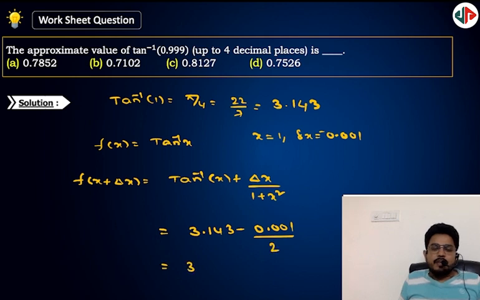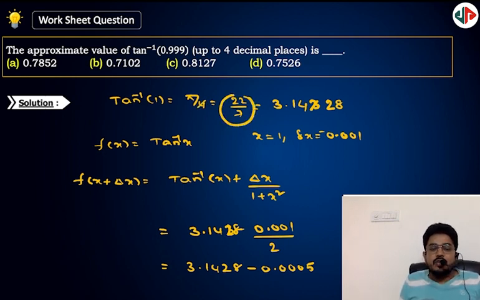It is 3.14. Actually, if you take this is 22 means this value will be 2. 20 means 6, 8 something. So 2, 8. Because they have given like that 2, 8 minus 0.0005. So the answer is equals to, okay, this is pi by 22 only.